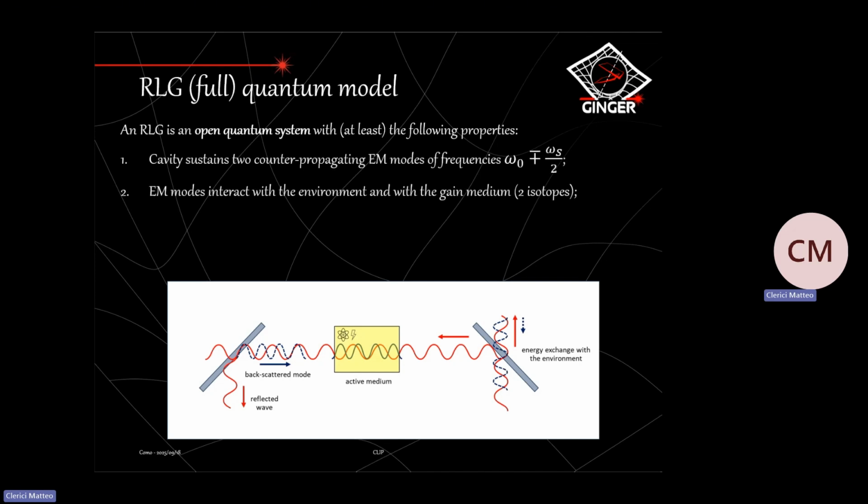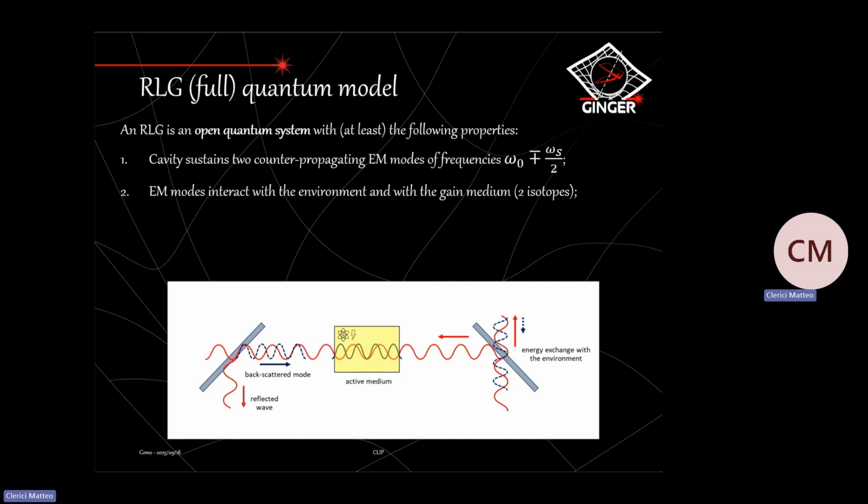So the model is essentially that you have two frequencies centered around the Sagnac frequency. Omega 0 is the central frequency of the laser emission, and you split the two modes at 1/2 of the Sagnac frequency.